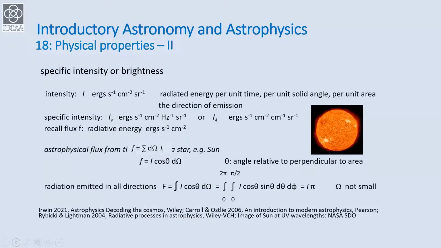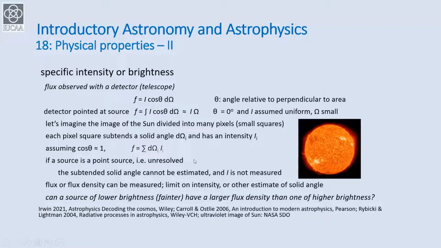I don't mean to say that if a body is closer, then it will have higher flux density, but let's look at this equation. F is equal to I omega, where I is the intensity or brightness, which is what we have called brightness. I is equal to F upon omega.